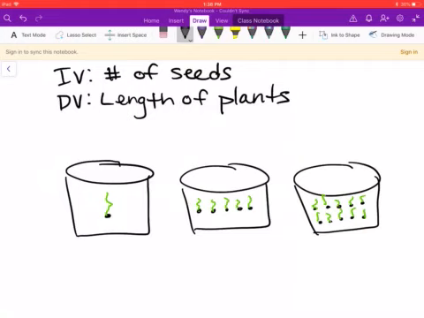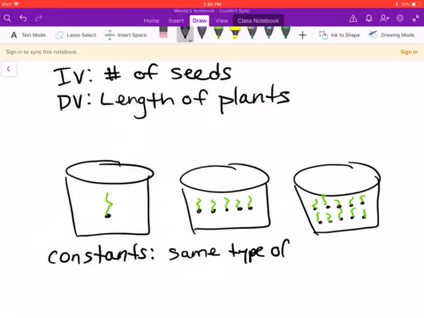Okay, the other things that we need to make sure are included in our experiment are constants. Constants are important because we want the only variable that we're testing to be the number of seeds. So I have the same type of seeds. I have the same size pot.